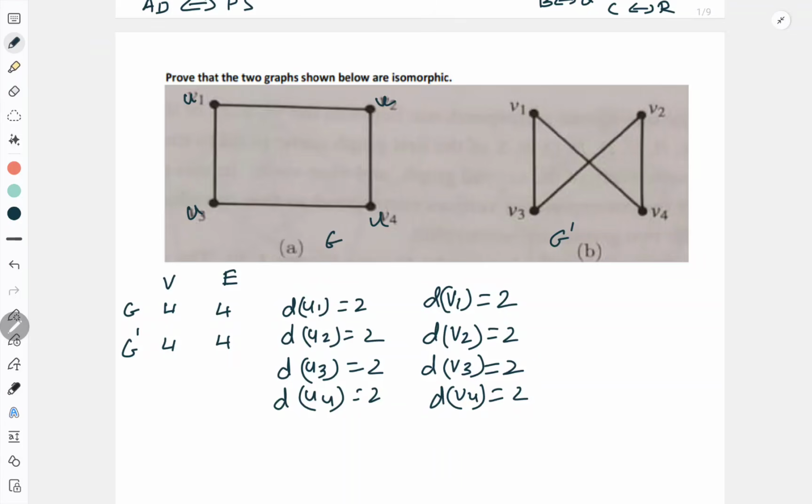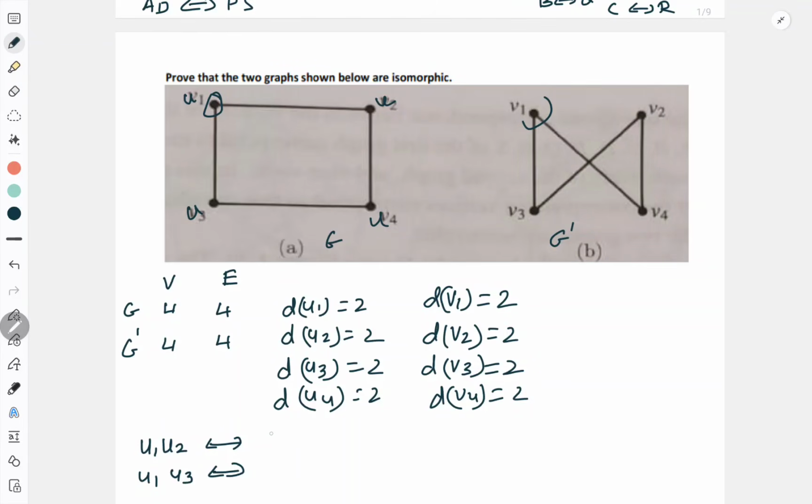So what I will do, see in G, U1 is mapped to U2 and U3. Sorry, not mapped. Mapped is not a correct word over here. There is an edge U1, U2 and there is an edge U1, U3. So I need to check what is the edge corresponding to U1, U2 in the graph G dash. So see, the first one you always fix.